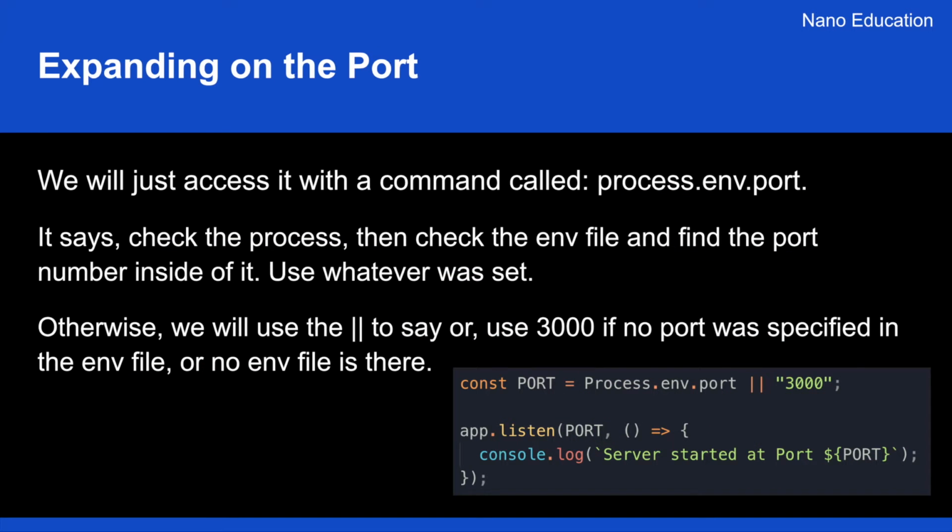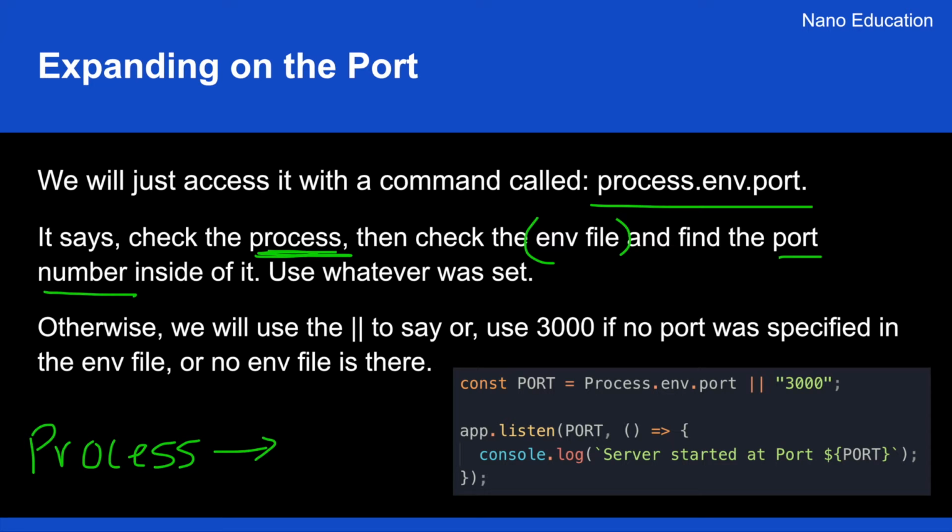So to just access it, we just use a command called process.env.port. Simple enough, right? Don't know a thing and just using it. Well, don't worry. So basically it checks the process, which then checks the env file inside of it and finds the port number inside of it. That's what the dots mean. So you're going to go check the process, check the env, and try to find the port number.